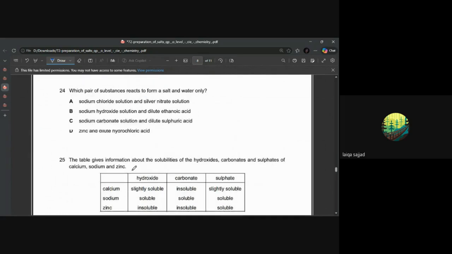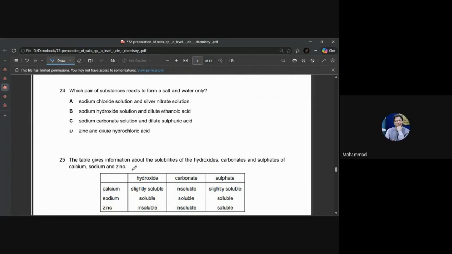Okay, which pair of substances react to form a salt and water only? Sodium chloride solution and silver nitrate solution, sodium hydroxide solution and dilute ethanoic acid, sodium carbonate solution and dilute sulfuric acid, and zinc and dilute hydrochloric acid.